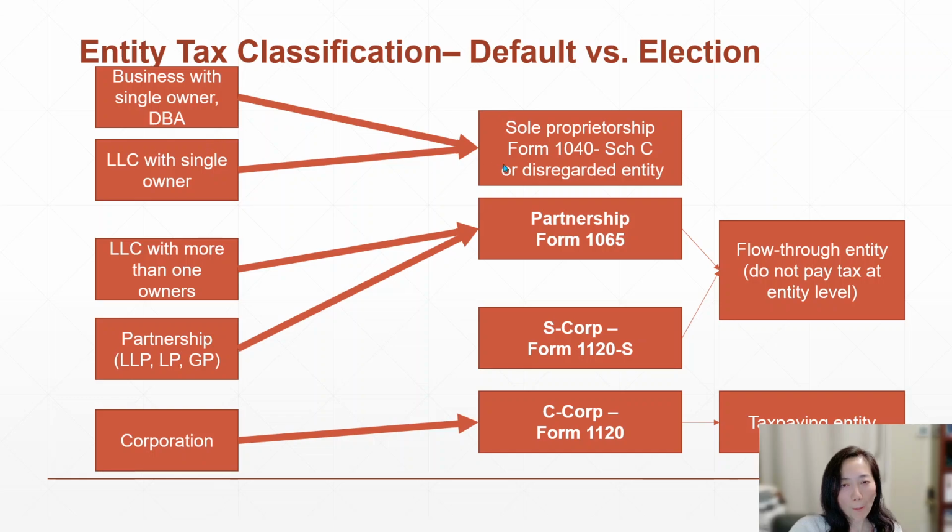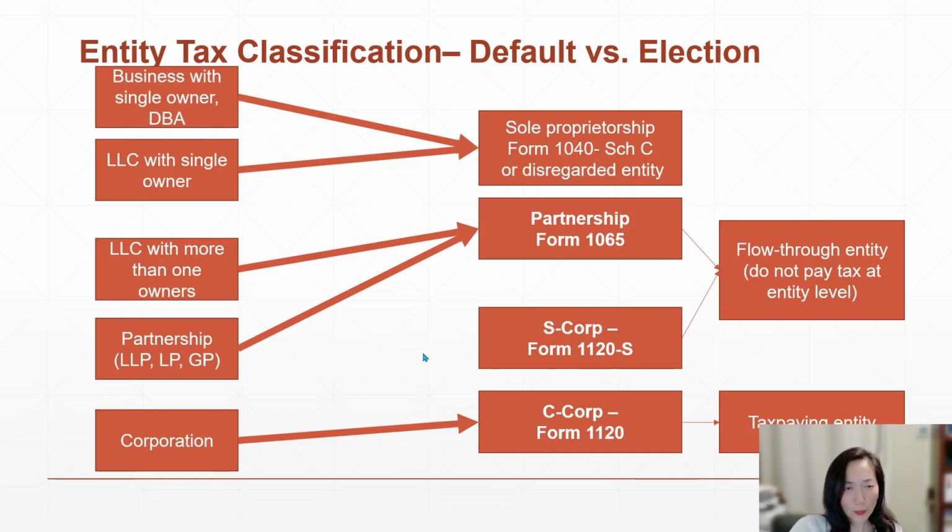Either they will be treated as a Form 1040 Schedule C disregarded entity. They do not need to file a separate business return. Either they will be treated as a partnership, then Form 1065 will be required, and if it's a legal corporation, it will be treated as a C corp, and the Form 1120 will be required.